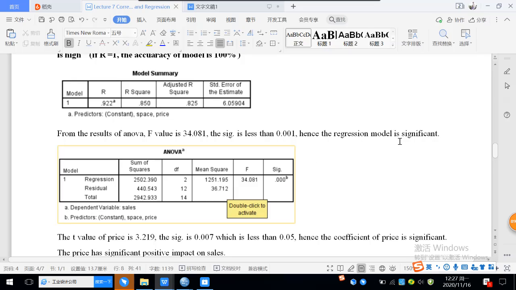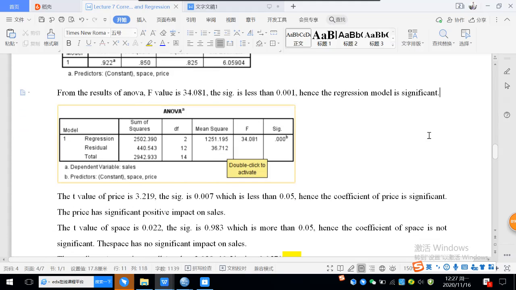Hence, the regression model is significant. That means in this model, the coefficients of X1 and X2 will not both be 0. So at least one coefficient of the variables in the model is not equal to 0.